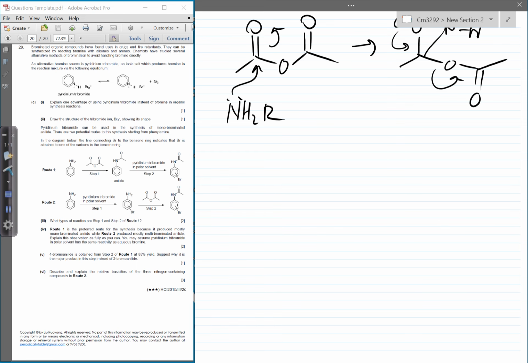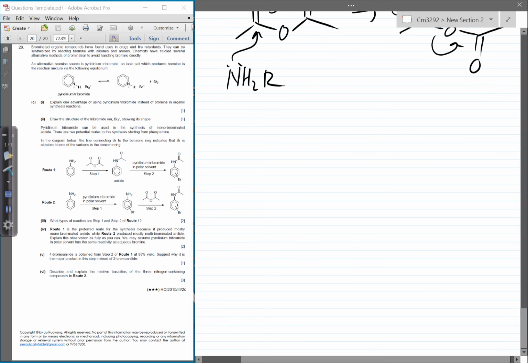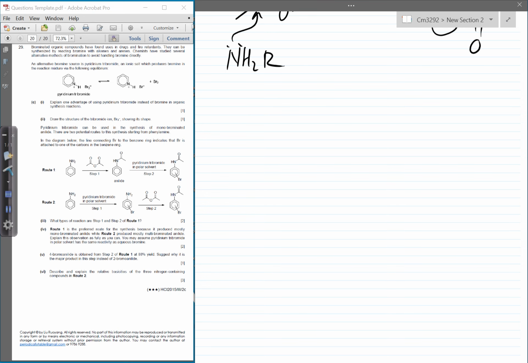The reason is the same as what I went through. It's because your amide is a weaker electron donating group, so it activates the ring only weakly compared to the second one, which activates the ring so strongly, which results in multiple substitution.